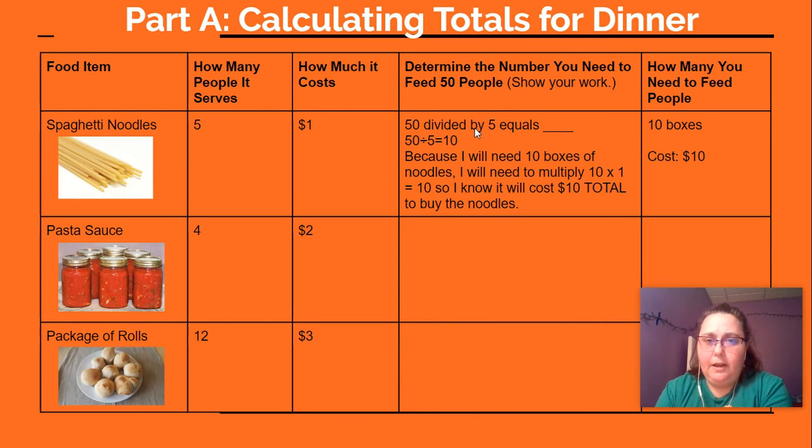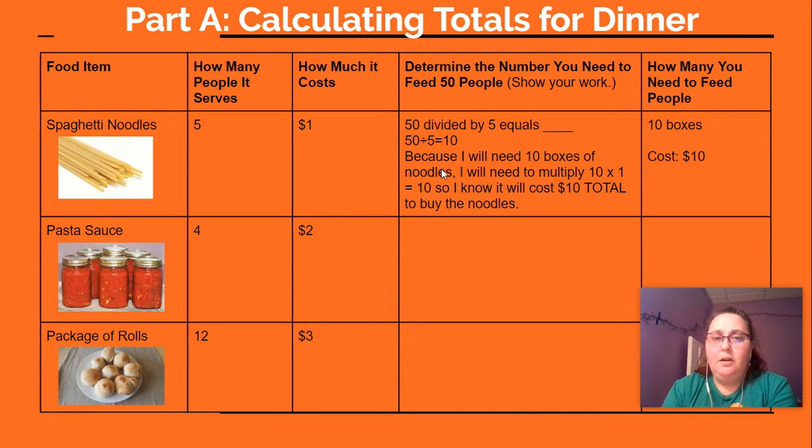Doing some paper pencil work, I figured out that 50 divided by 5 equals 10. So now I know that I'm going to need 10 boxes, but I need to know not just how many boxes, but how much those boxes will cost.